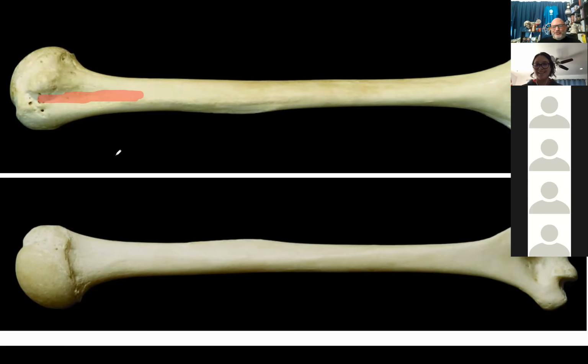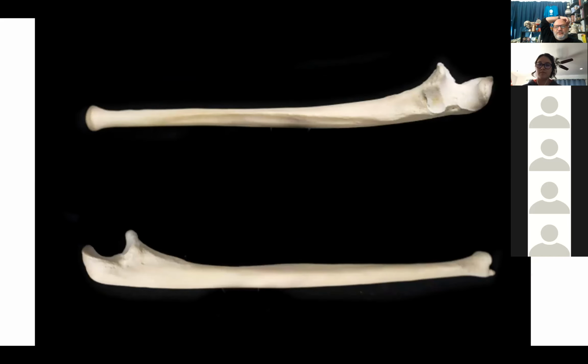It's between the tubercles. As it turns out, there are two muscles that insert into this. So on the exam, I may have an arrow pointing right here, and I would say, identify the two muscles that insert into this region. When I get to the tibia, which we won't do till next week.